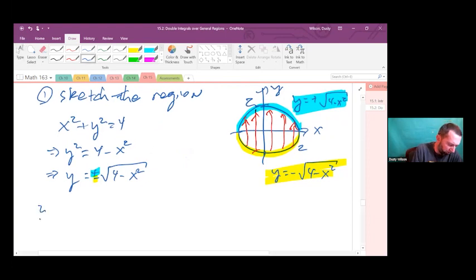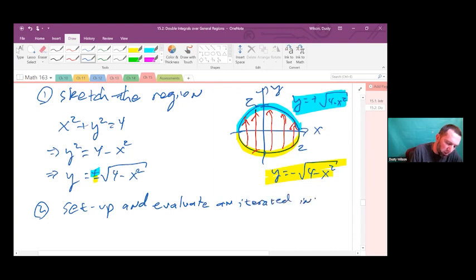We're going to set up and evaluate an iterated integral.